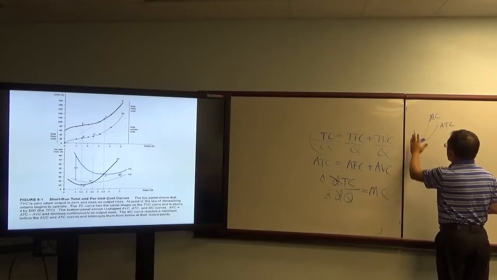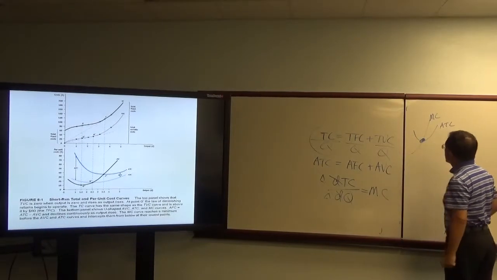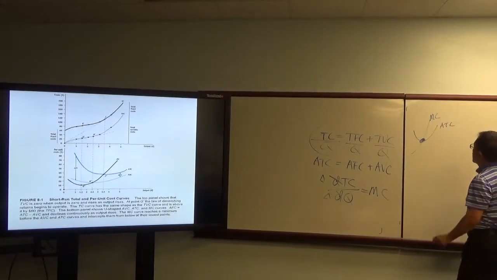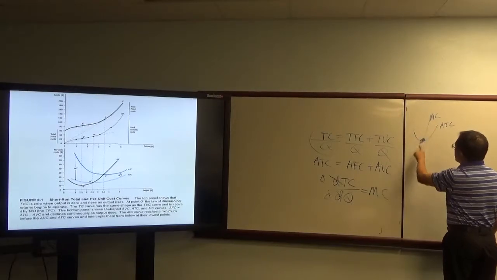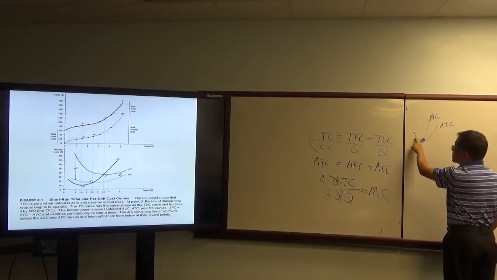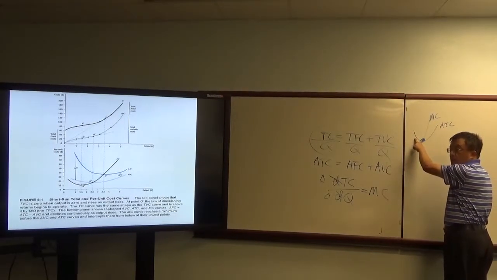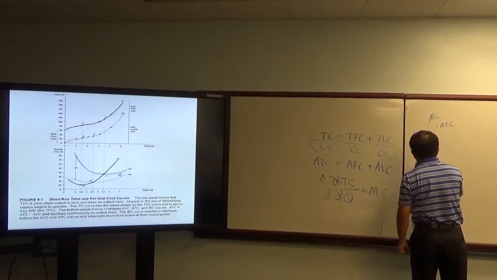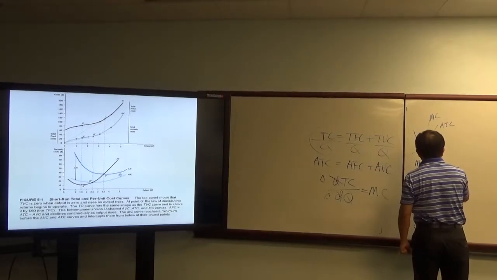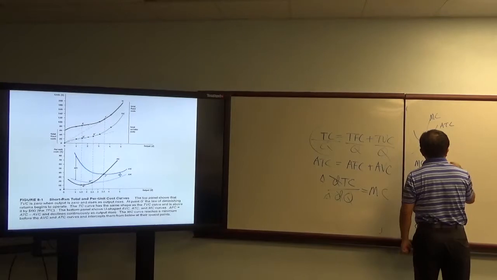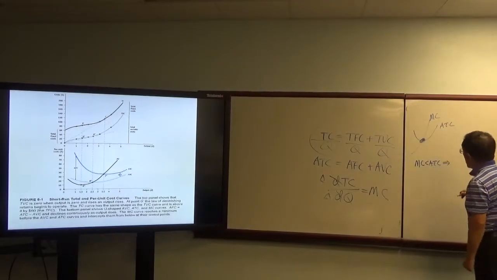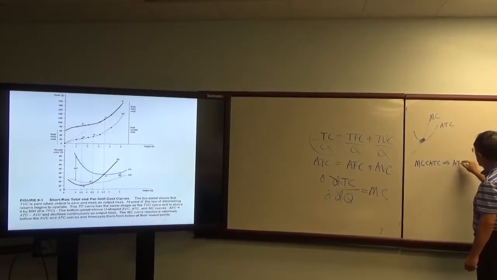On the left side, which one is greater? Let's focus on the marginal cost. The marginal cost is less than the average total cost. So if that's the case, what happens to the average total cost? The average total cost will decline.